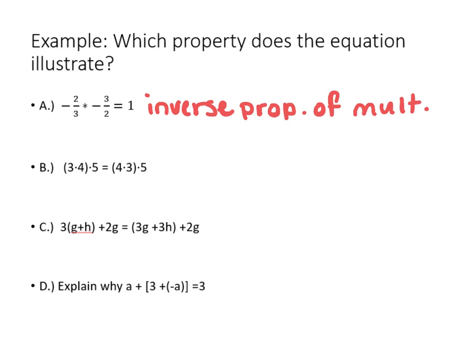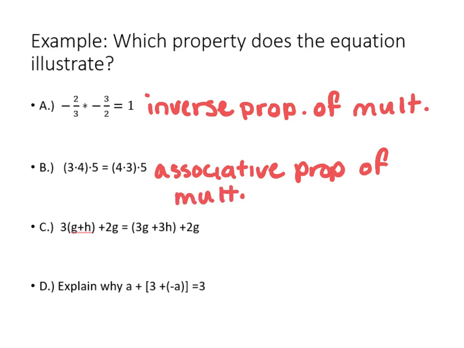For the next one, we're changing the parentheses, you're moving where they're located. Since you're moving the parentheses, you're changing how the numbers are associated. It's the associative property, and since it's multiplying here, it's the associative property of multiplication.